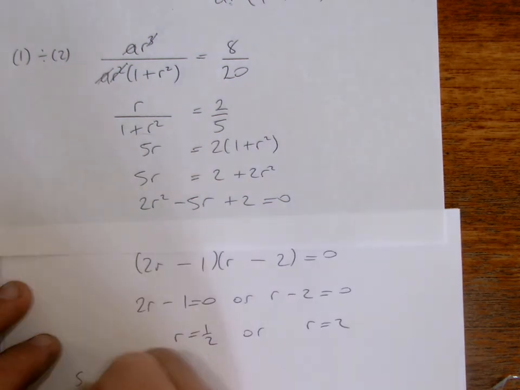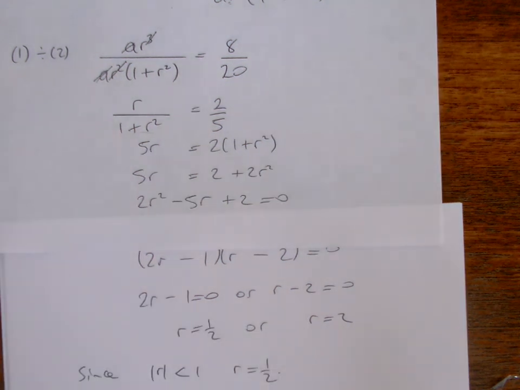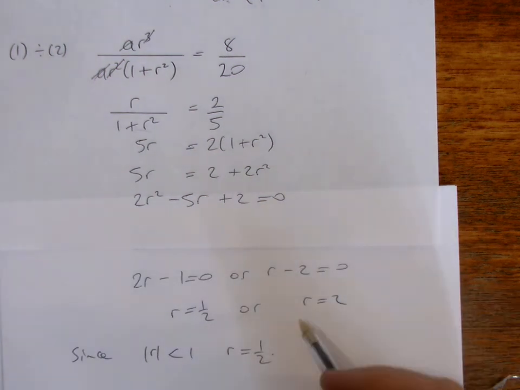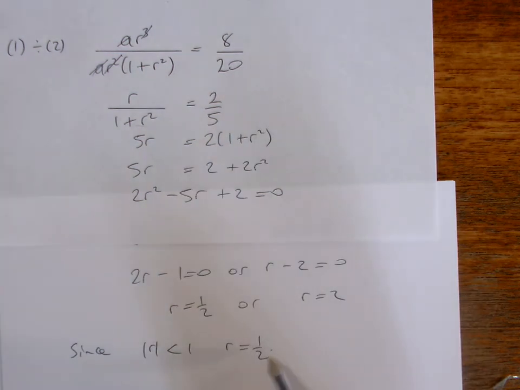But since R has got to be less than 1, R is going to be a half. It can't be 2 in this case. So we've got to take the half value. And then once you've got half, we can sub it back into 1 to get A.